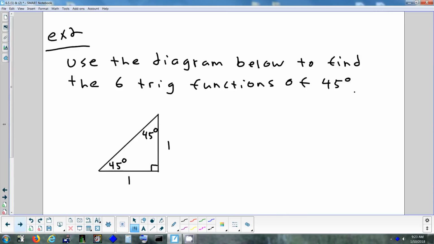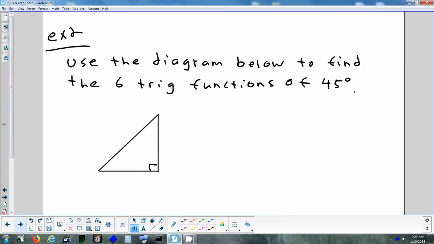Okay, so this one says, use the diagram below to find the 6 trig functions of 45. Well, let's even pretend we didn't have anything labeled. If it wasn't labeled, you would have to sketch your own 45, 45, 90 right triangle with accurate side lengths.